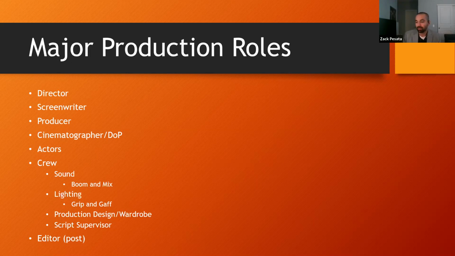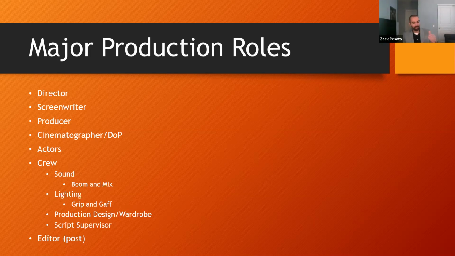Okay, so let's talk about some major production roles. I'm not going to talk about all of these, but I'm going to talk about some of them today. We have the director, the screenwriter, producer, cinematographer or director of photography, actors, crew. And crew, there are many crew levels and different positions, but we have like sound crew, lighting crew, production design/wardrobe, script supervisor.